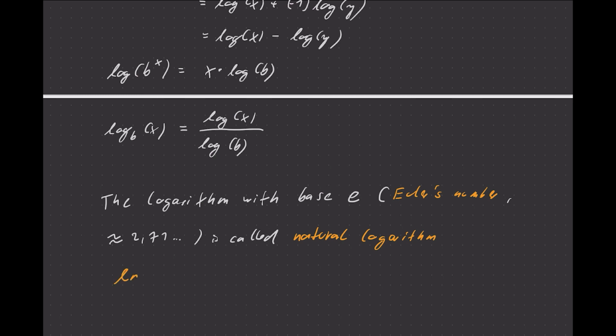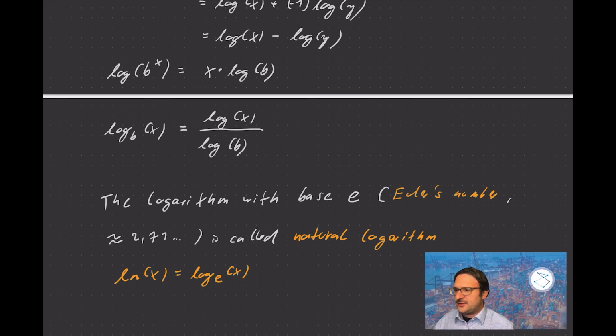It's abbreviated as ln of x. ln of x is the same as the logarithm of x to base e. I'm not going to introduce abbreviations for any other logarithms. Mostly what we do about these holds for any base you want to choose. We usually work with the natural logarithm for several reasons, but you can also convert this to any base you like.